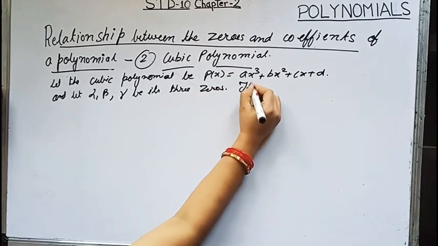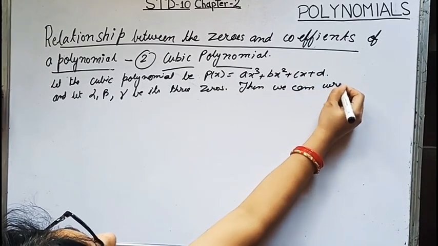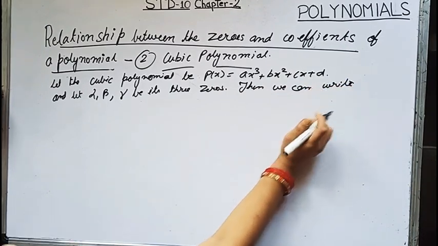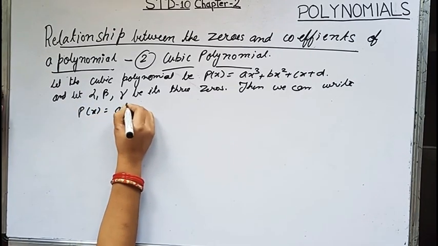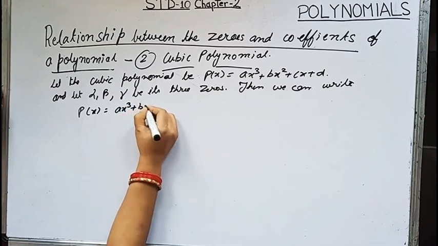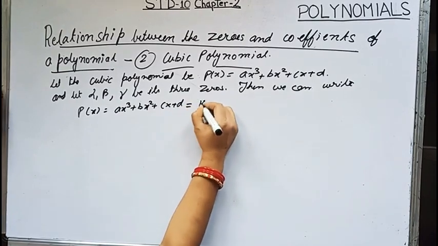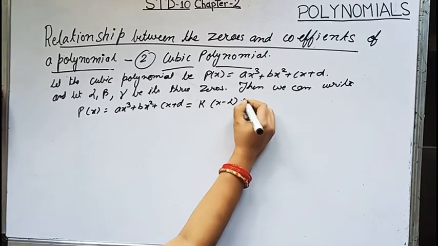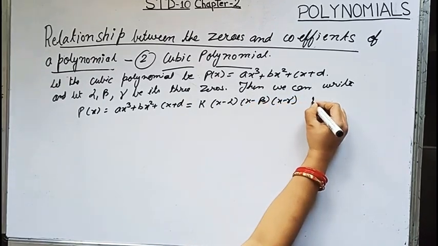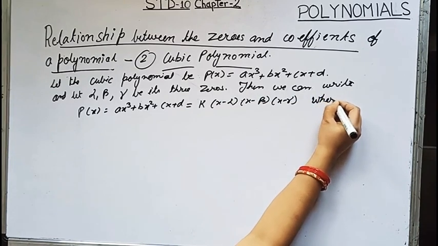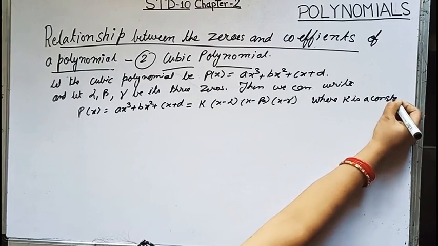Then we can write p(x) = ax^3 + bx^2 + cx + d as k(x - alpha)(x - beta)(x - gamma), where k is a constant. I think you understand what k is for.